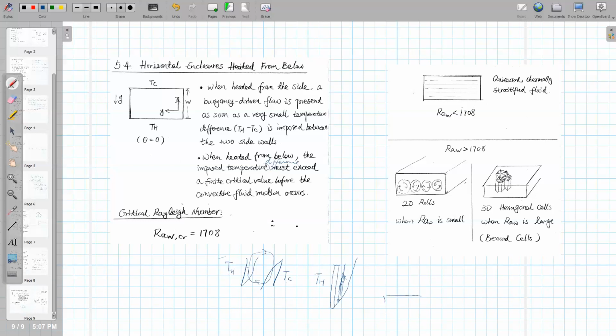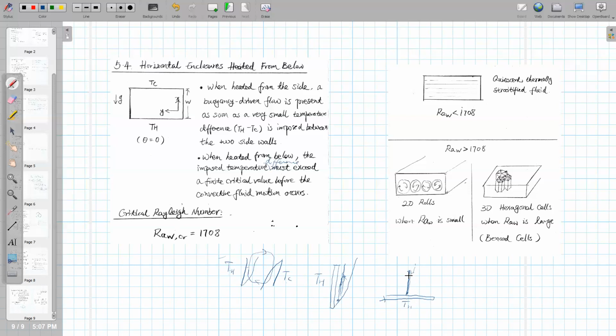But if you heat from the bottom, the particle goes up. Along this streamline, the more the particle moves up, the farther it is from the hot heated plate. As it goes up, it receives less and less heat from the heated wall, and it is more reluctant to go up.